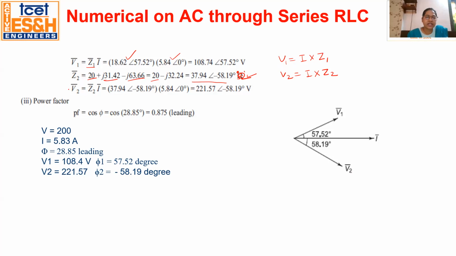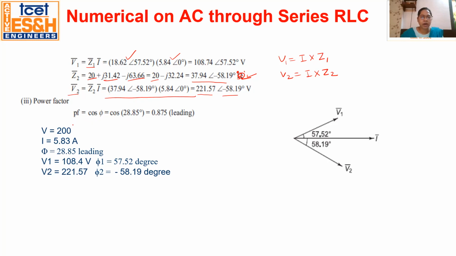After we have Z2, V2 is equal to Z2 multiplied by I. So 37.94 multiplied by 5.84 gives 221.57, and the angle is minus 58.9. The minus is coming because of the minus in front of the angle.